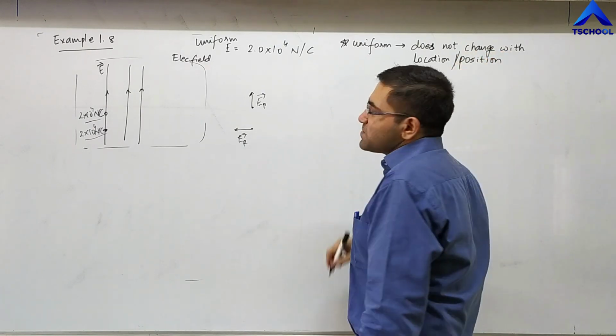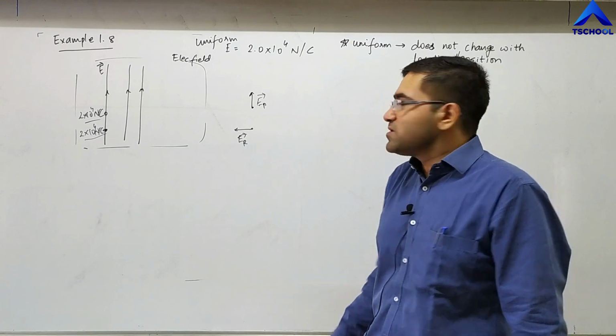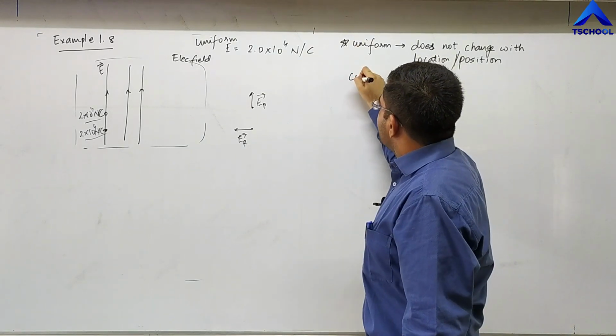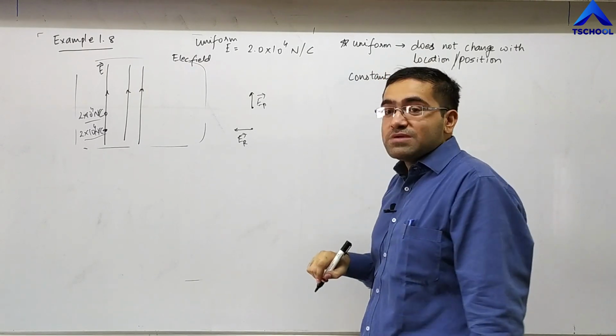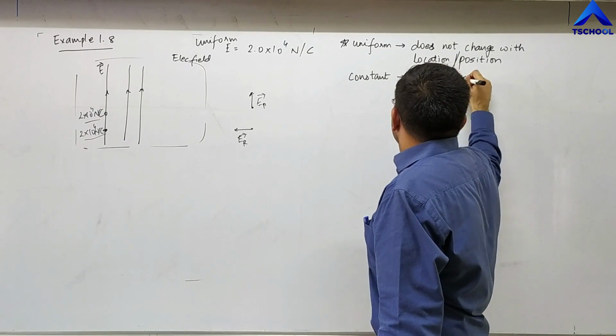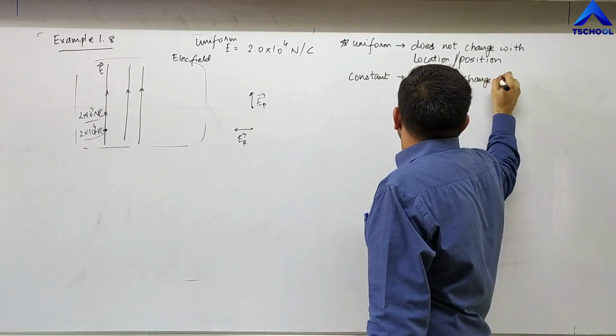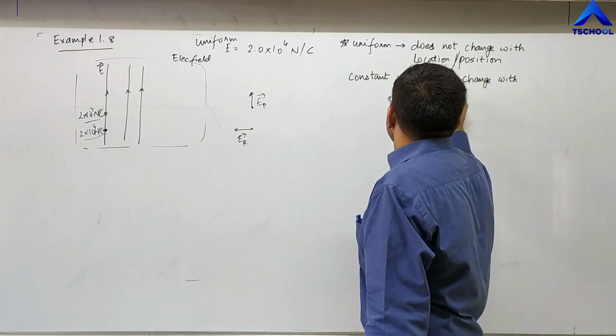Does not change with position. That's called a uniform field. On the other hand, the word constant means does not change with time. See the difference?